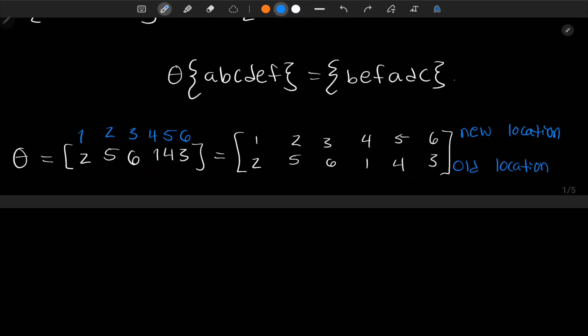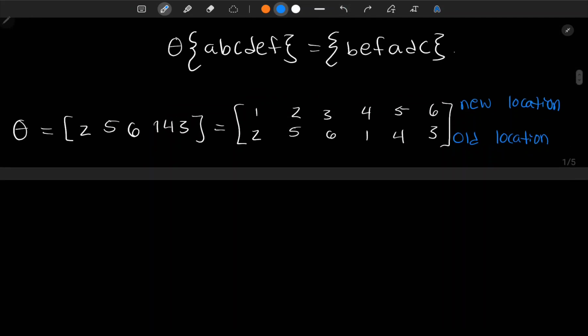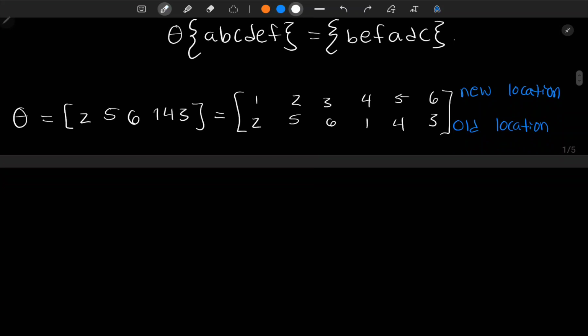But what this means is the following. We consider the set A, B, C, D, E, F. Then, if we act on it with theta, we do the following. We say, well, the old location is 2.